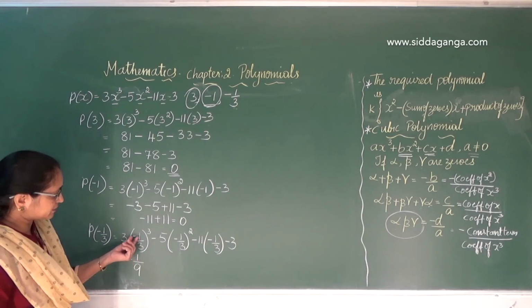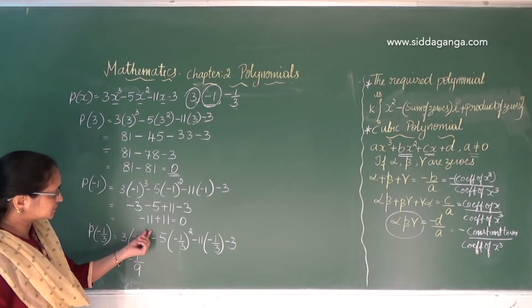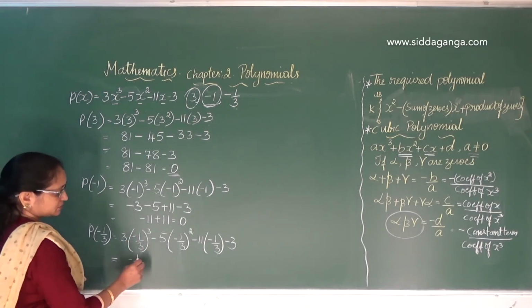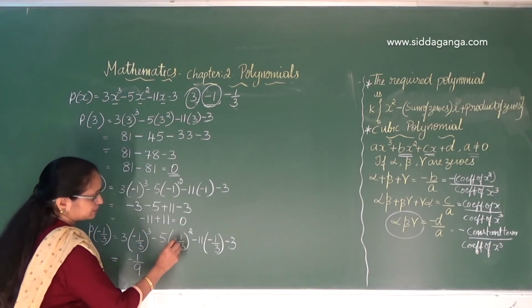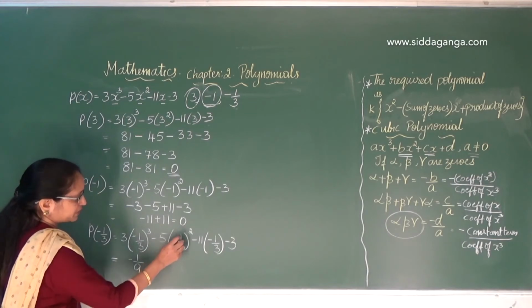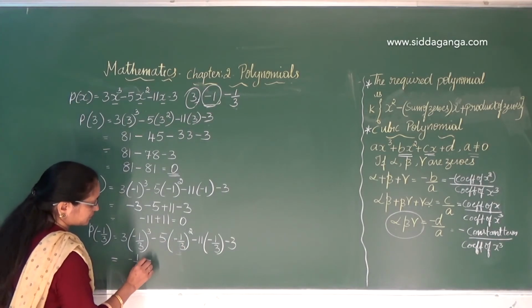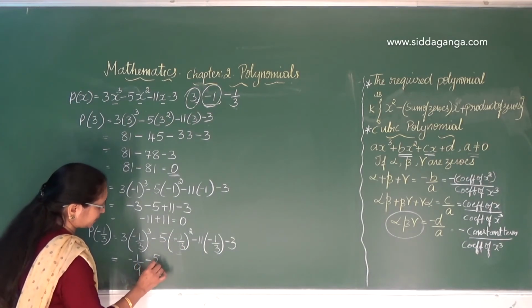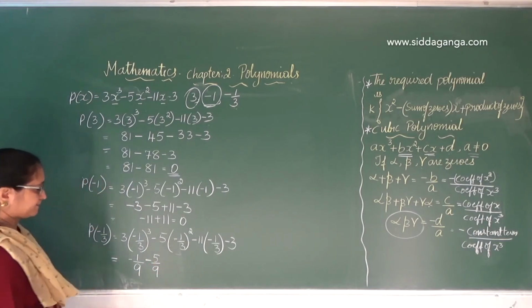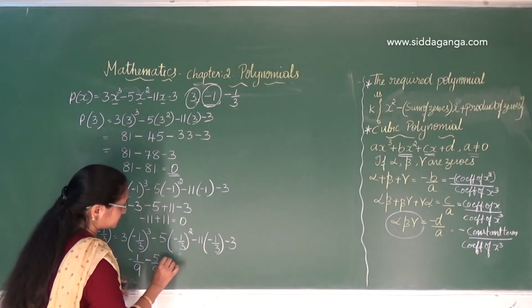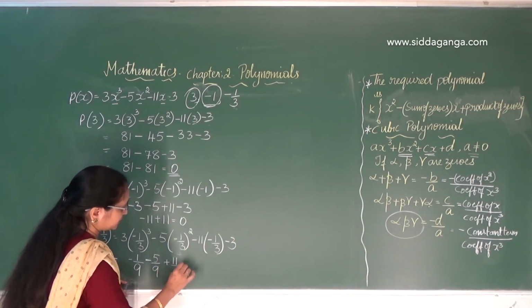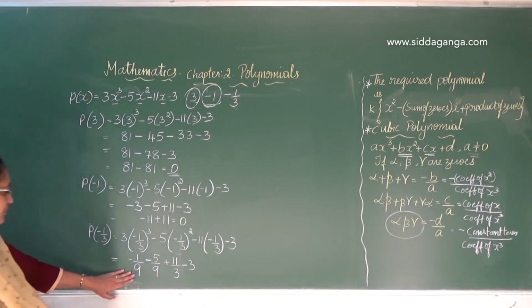So, 3 3s are 9 and since it is odd, so minus. Then here this will become 1 by 9 plus 1 by 9 into this will become minus 5 by 9. Then here minus into minus plus 11 by 3 minus 3.